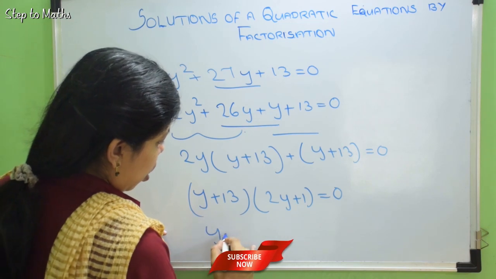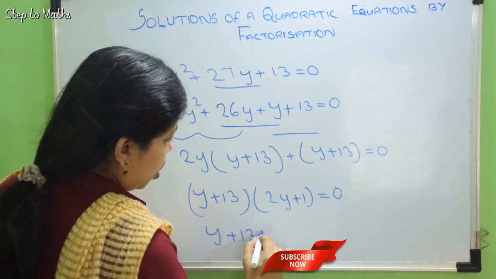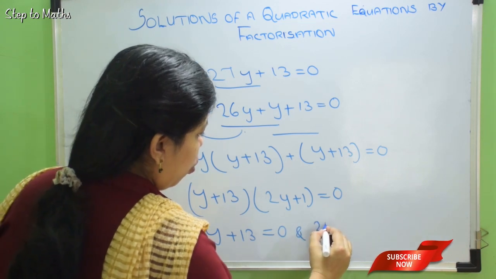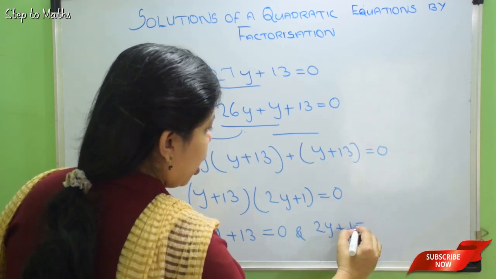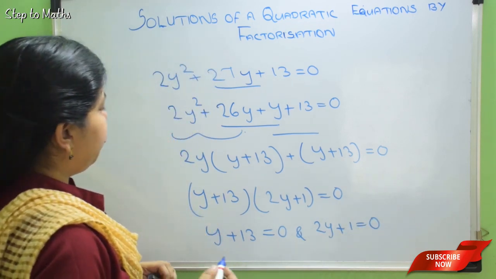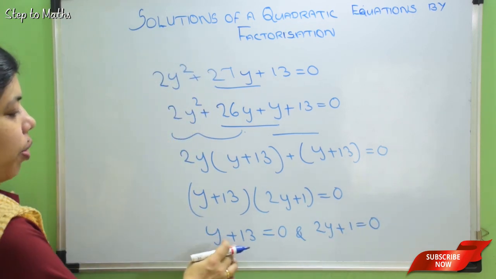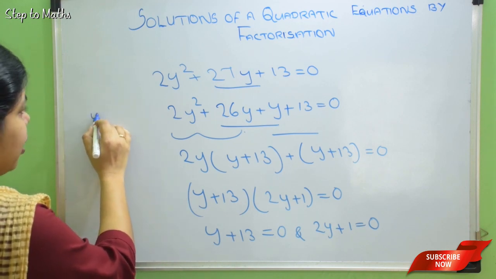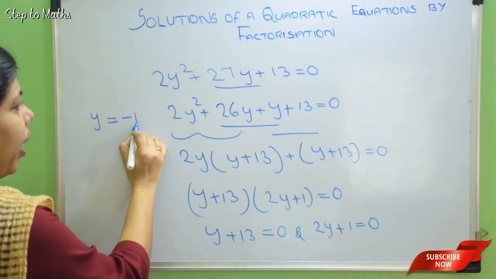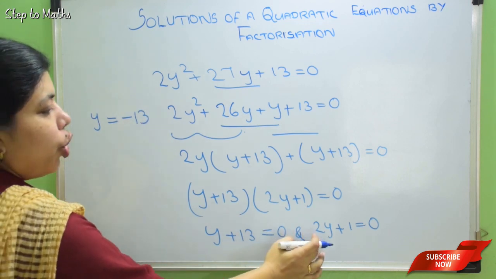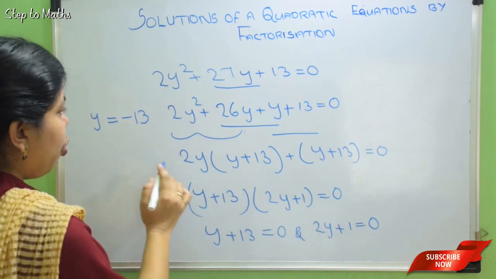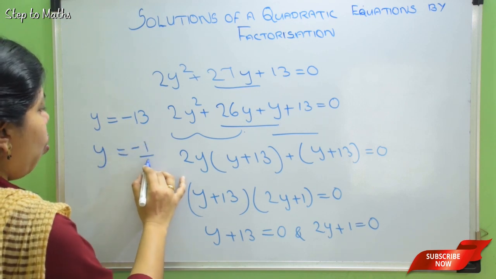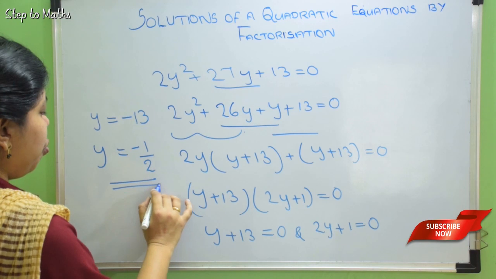That is, y plus 13 is equal to 0 and 2y plus 1 equal to 0. y plus 13 is equal to 0 implies the value of y is equal to minus 13. 2y plus 1 is equal to 0 means y equal to minus 1 by 2.